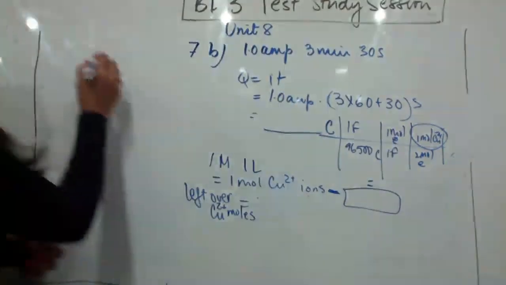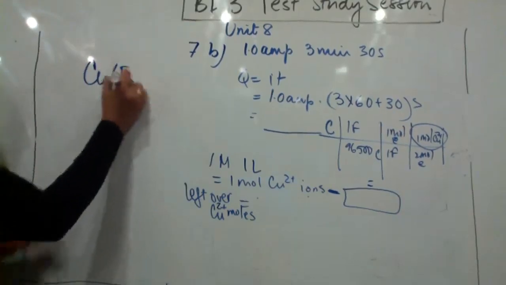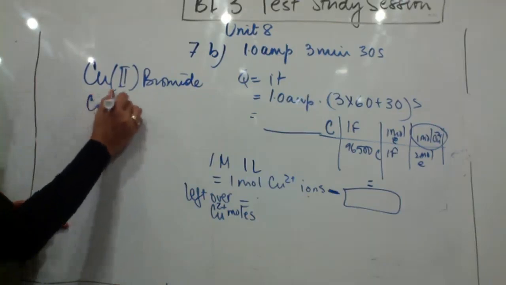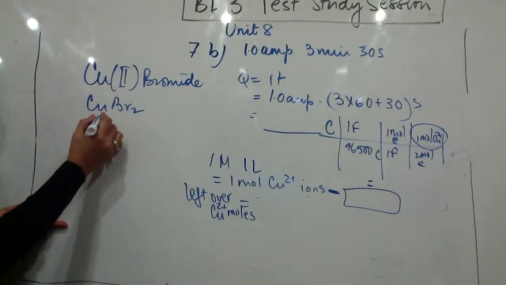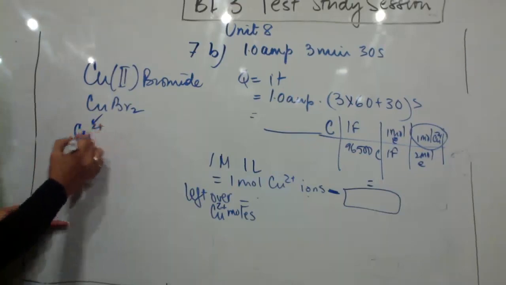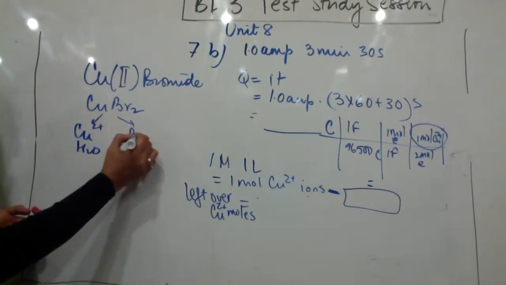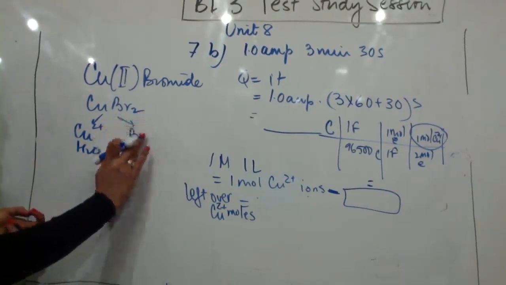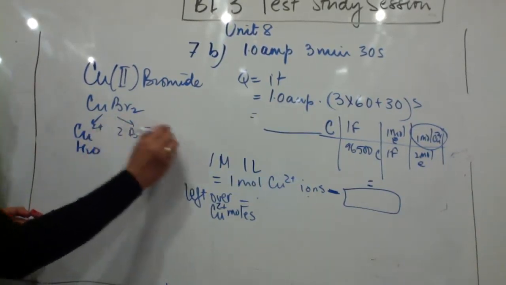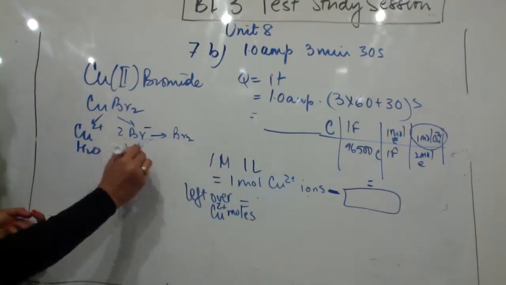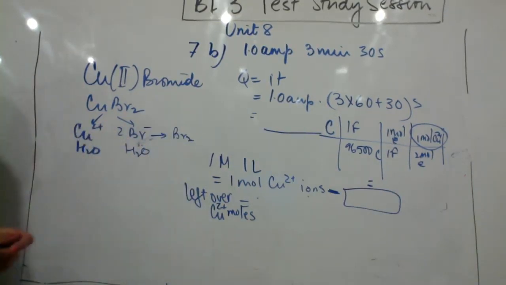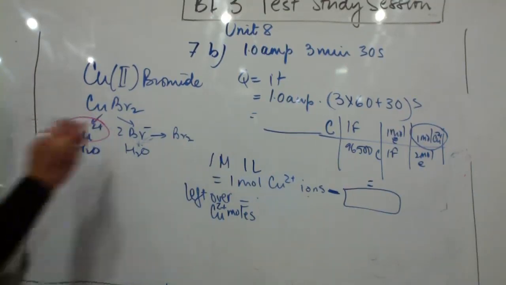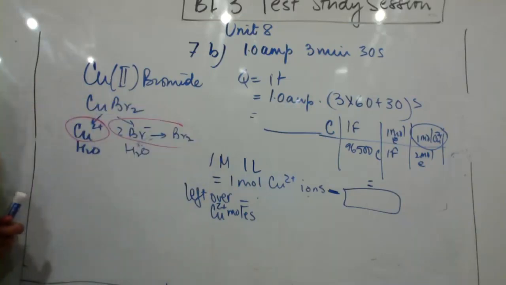So copper 2 bromide, CuBr2, when you do its electrolysis, there is Cu2+ and water competing with it, and there is Br-changing to Br2 and water competing for it. And in this case, both of these win. Copper gets reduced and bromide gets oxidized.